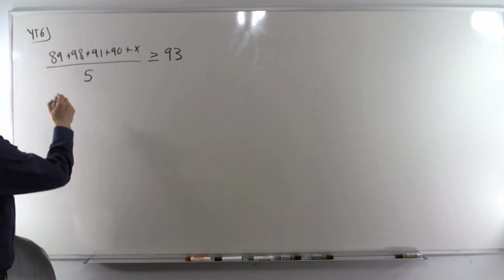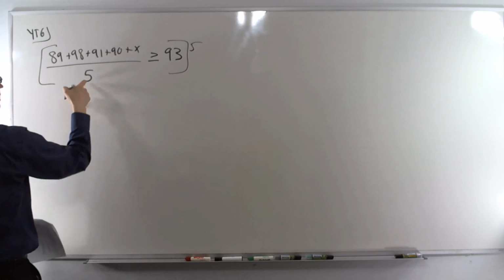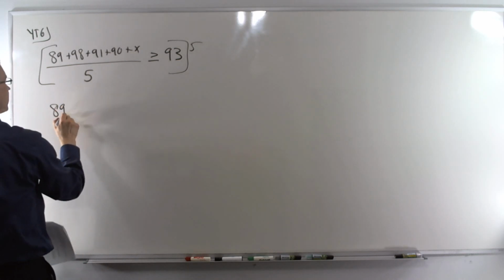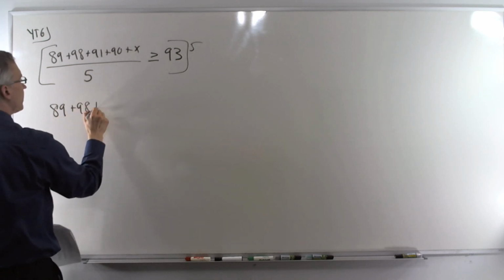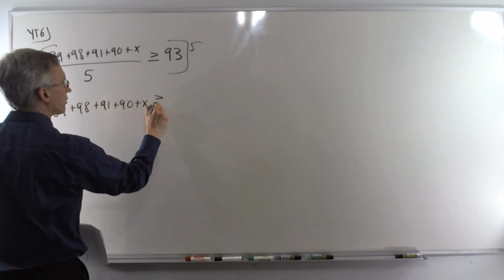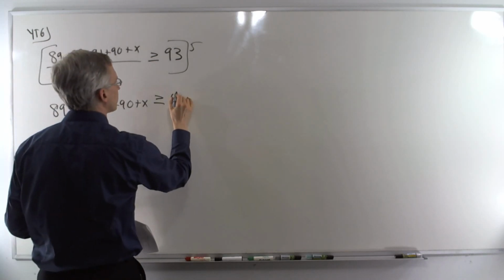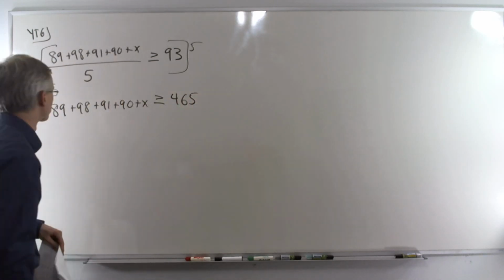All right, now we're going to multiply everything by 5 to get rid of that fraction. This cancels, leaving us with just 89, 98, 91, and 90 plus x greater than or equal to 93 times 5, that is 465.